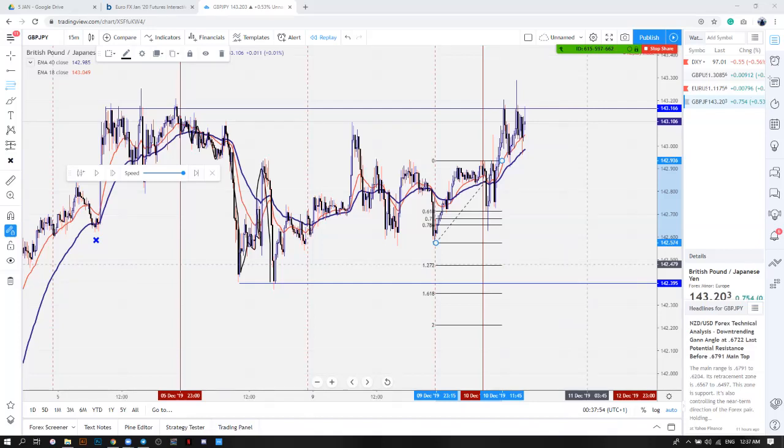Remember, we told you the low of the week is most likely to form around Tuesday, Wednesday, London open. Sometimes on Monday, New York session, it could form.